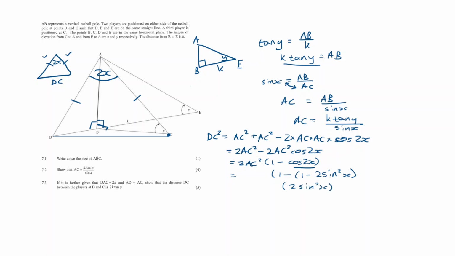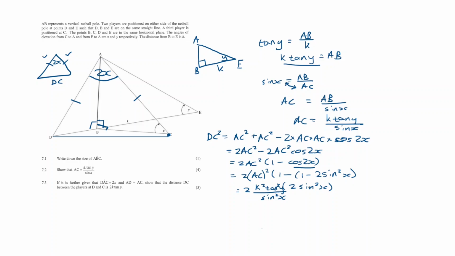Let's get back to what's happening with the 2 AC squared. If I fill that in, it's 2, and AC was what we had worked out up here, and so it's AC squared. That would be k squared tan squared y over the bottom, sine squared x.